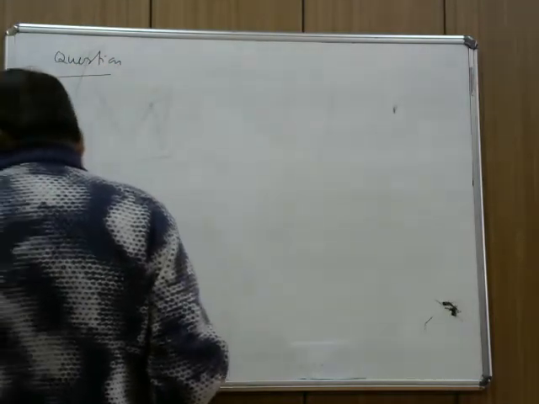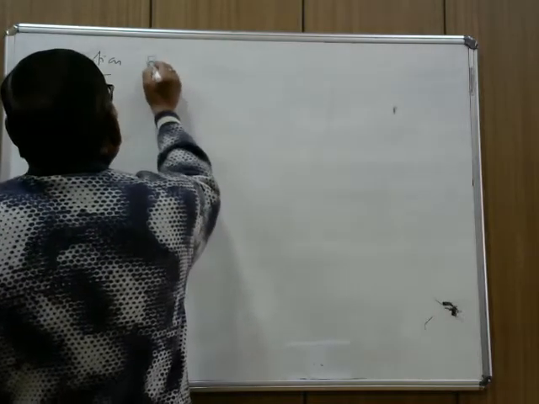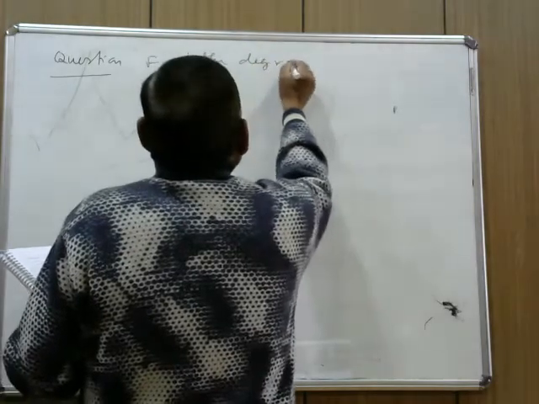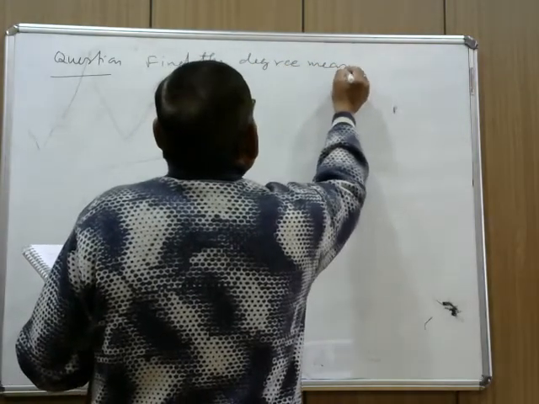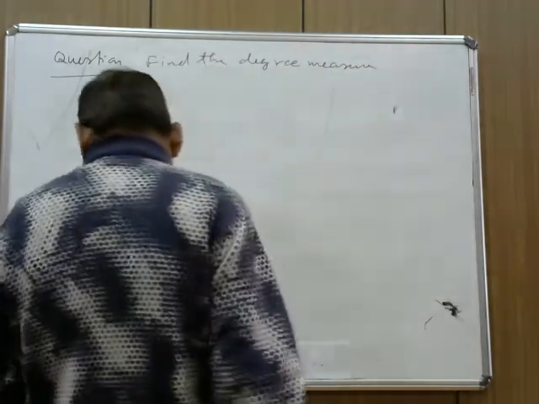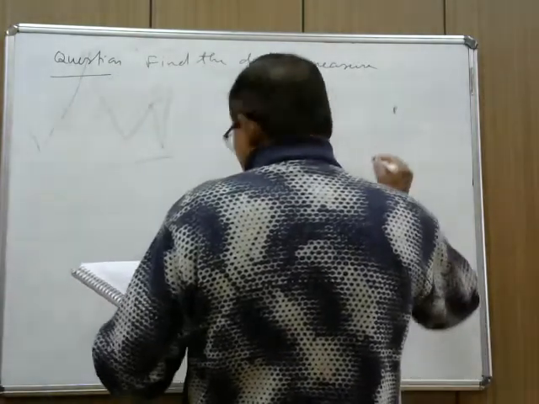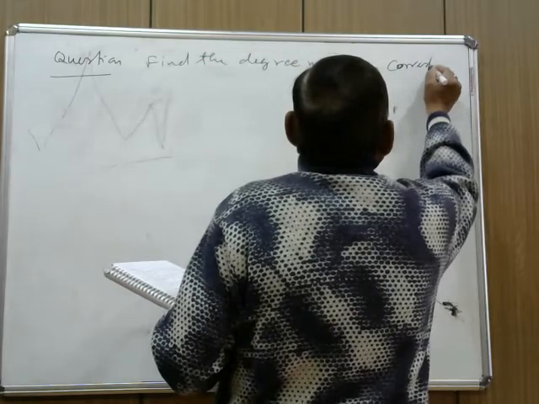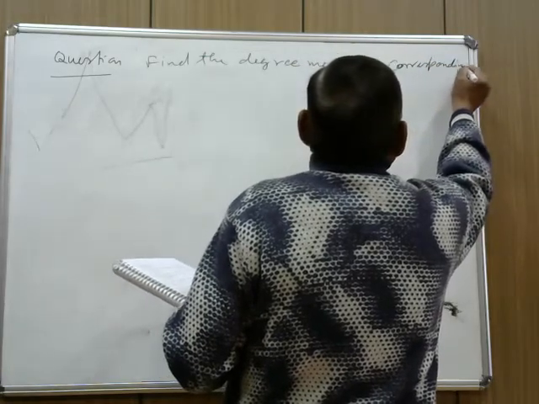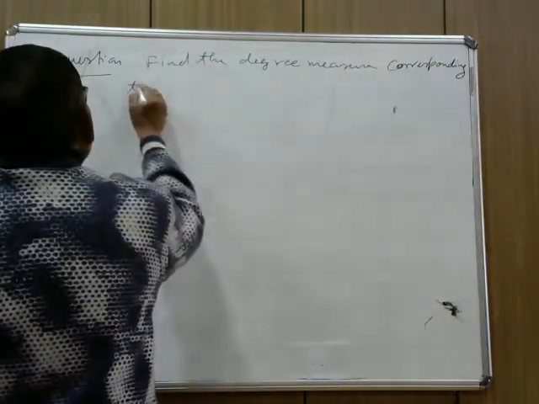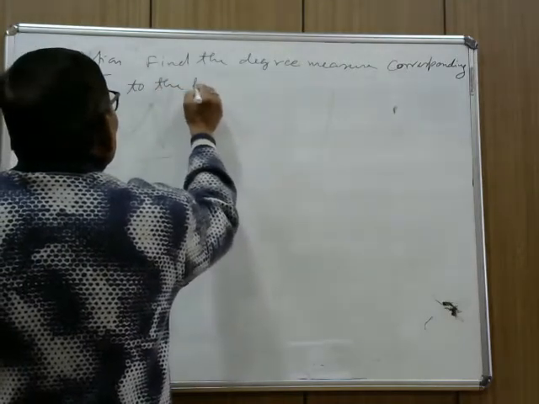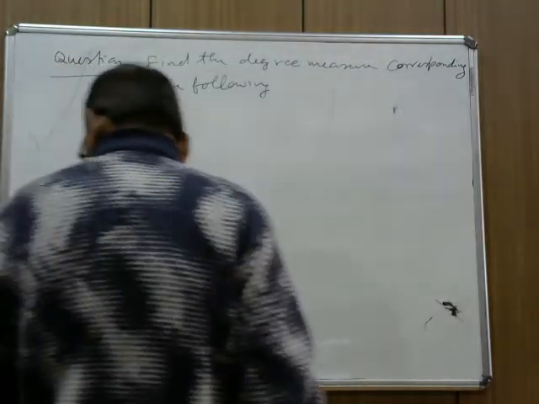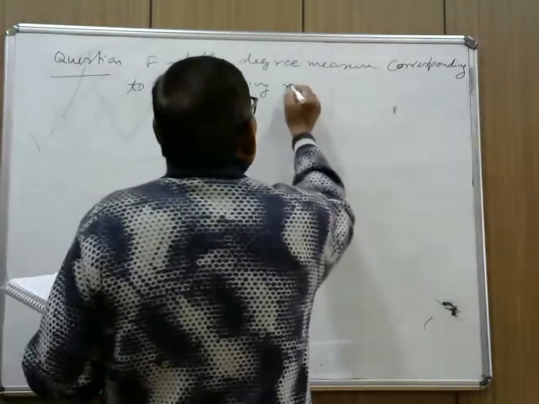Find the degree measure corresponding to the following radian measure.